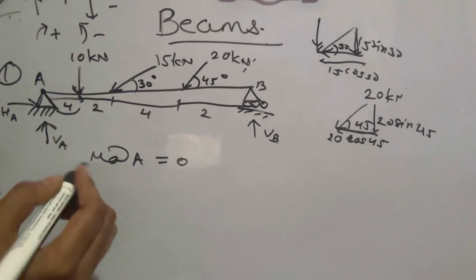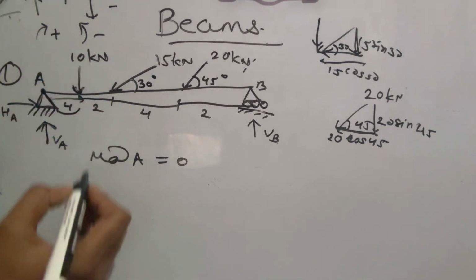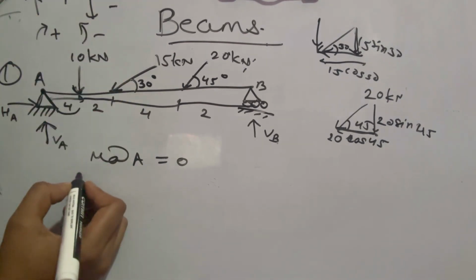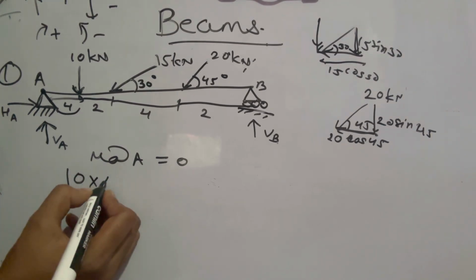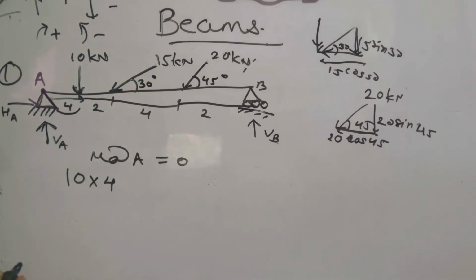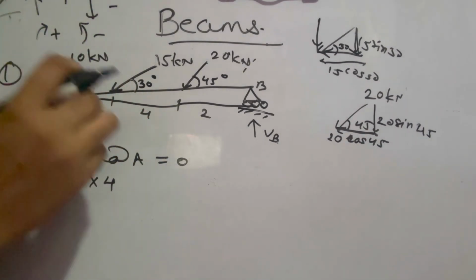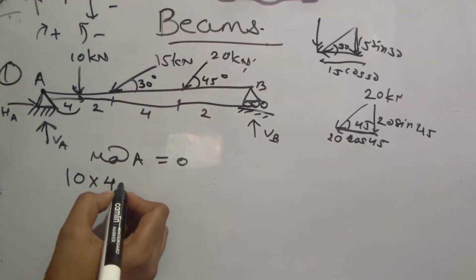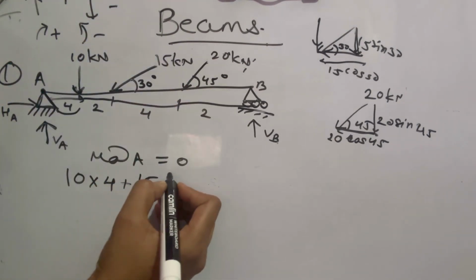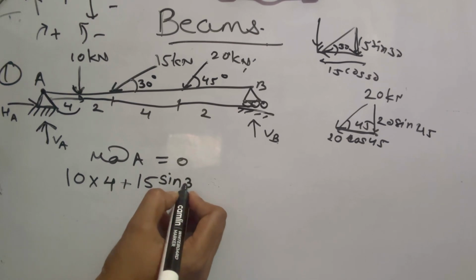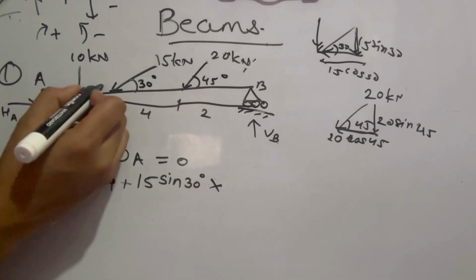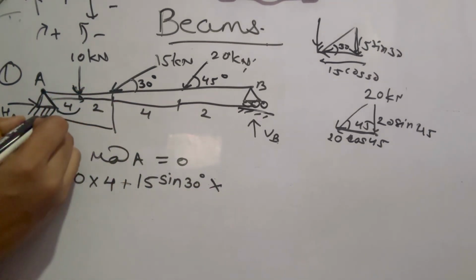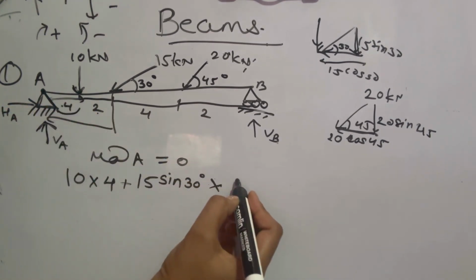Okay, so first load what we have is 10. It is going in the clockwise direction. So 10 into 4. Then the second, the vertical component of this is 15 sine 30 degree into the distance from here to here, 2 plus 4 is 6.